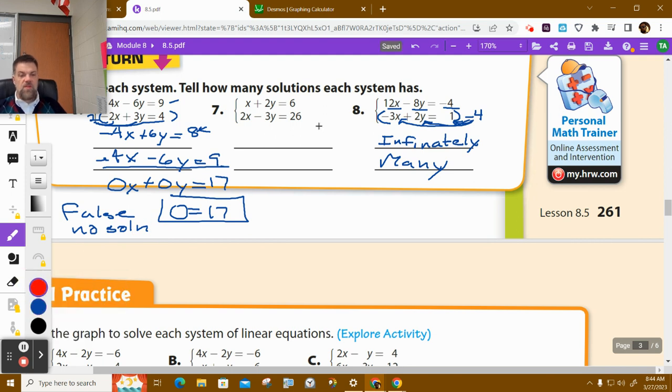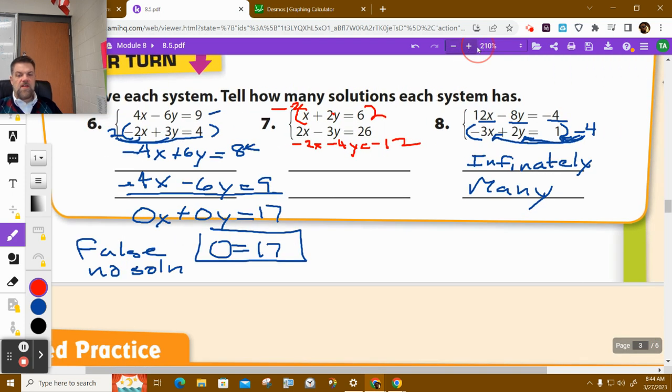And then we'll do this one in red. Same thing here. I'm going to multiply this first equation by -2 to cancel the x's. And so I get -2x. -2 times +2y is -4y. -2 times 6 equals -12.